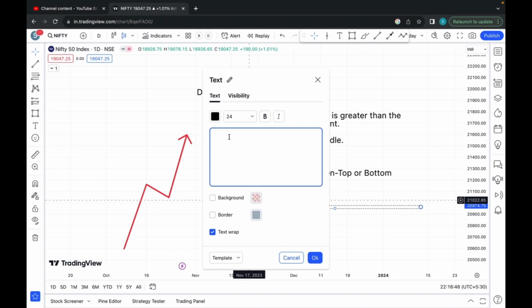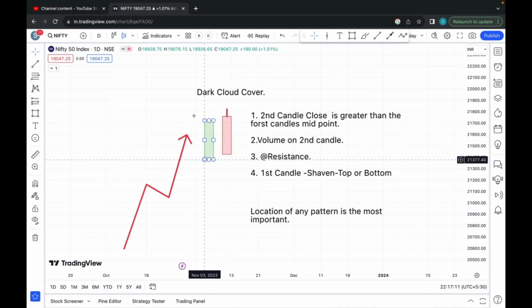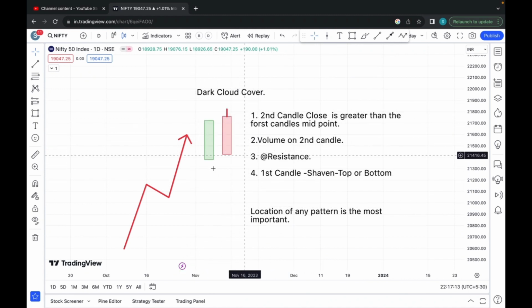And apart from all this, whatever your candlestick pattern is, the location of any pattern is the most important in your price chart. It is not only about the formation or identifying these candlestick patterns, but the location where it is happening is also very important.